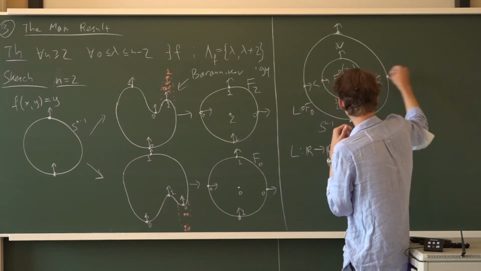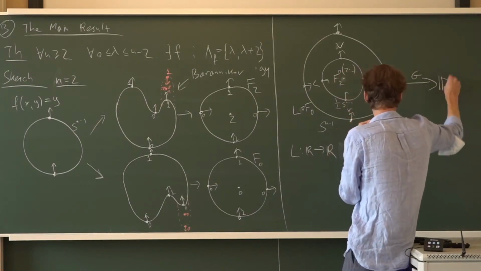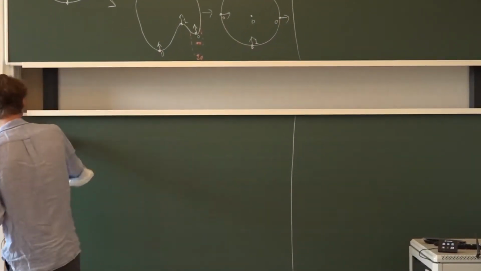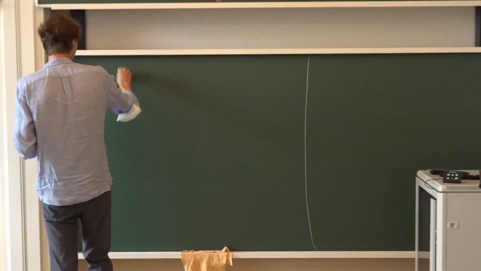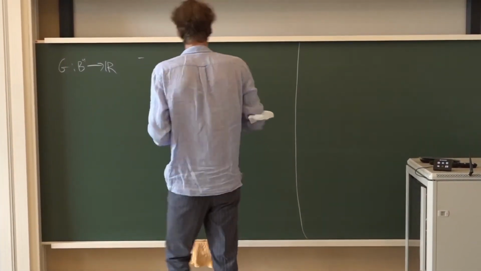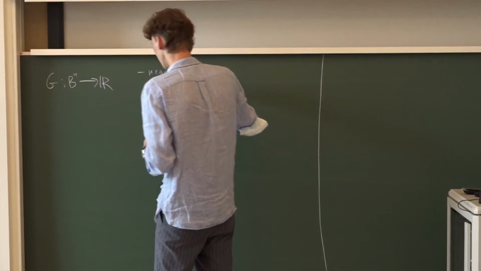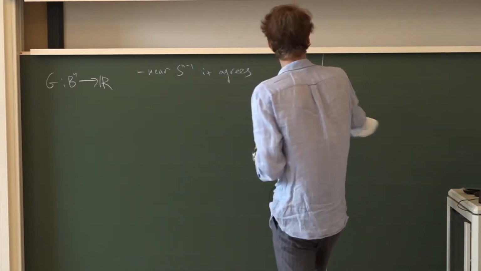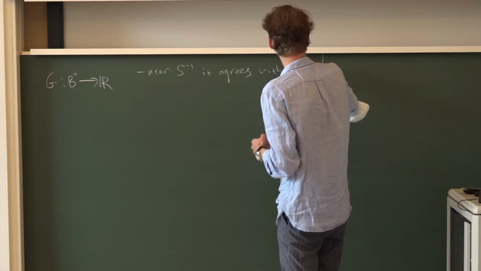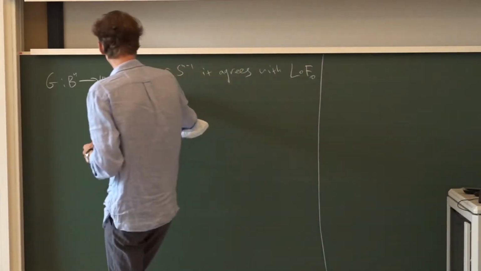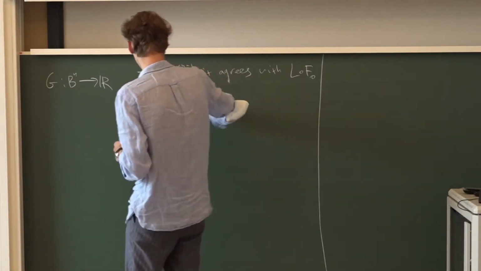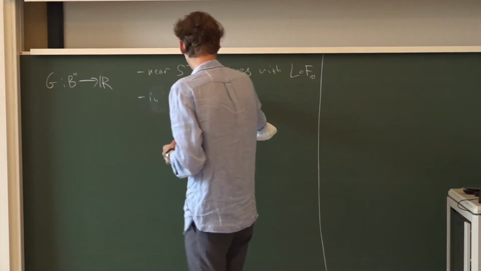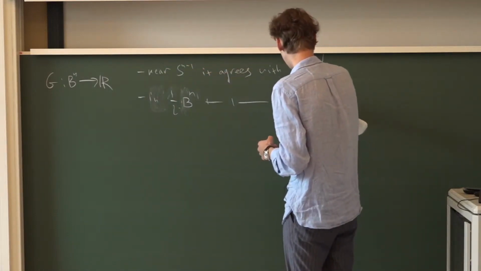And it turns out that if we have such a picture, we can actually find a function g from the unit ball to R, such that near the boundary it agrees with our modified function f that can be extended with index 0, and in the smaller ball, it agrees with the function f2, modified slightly.